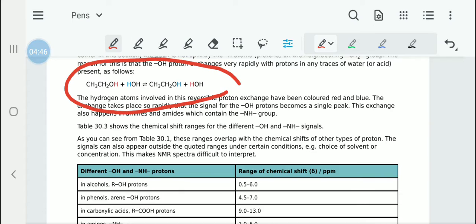Please write this equation down: CH3CH2OH plus H2O.